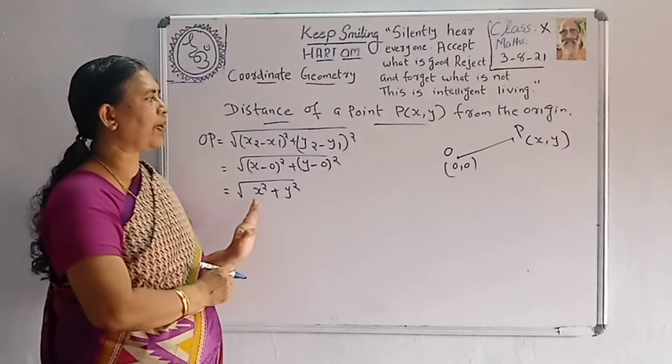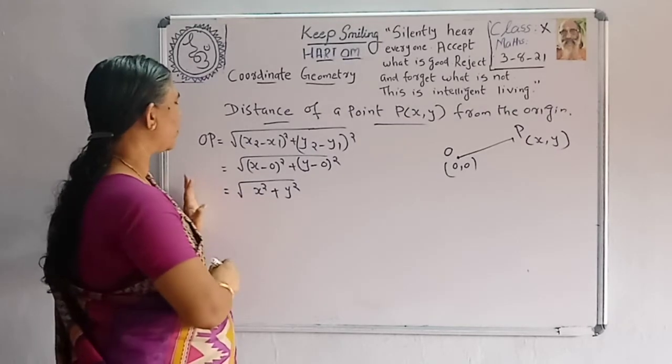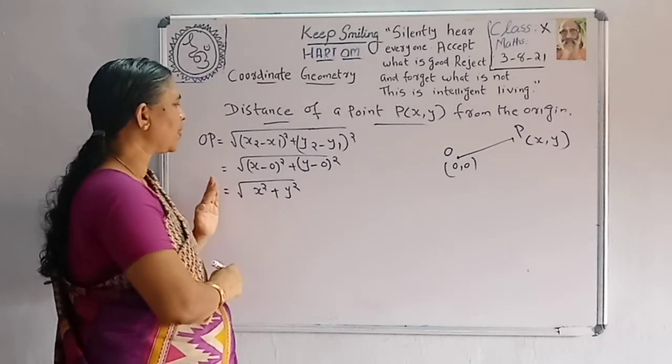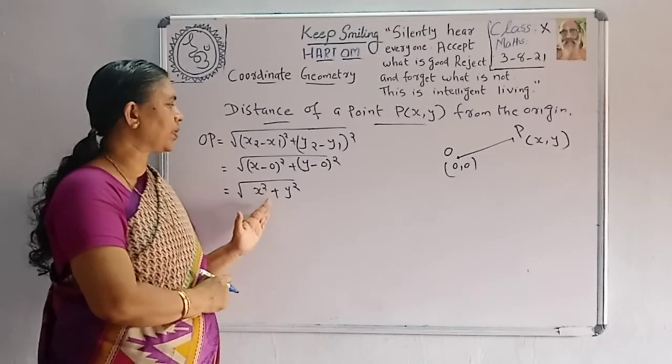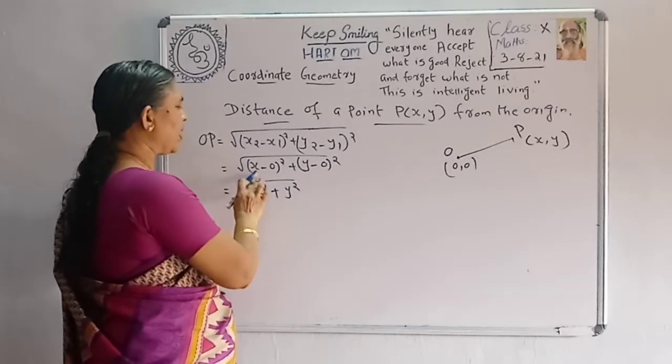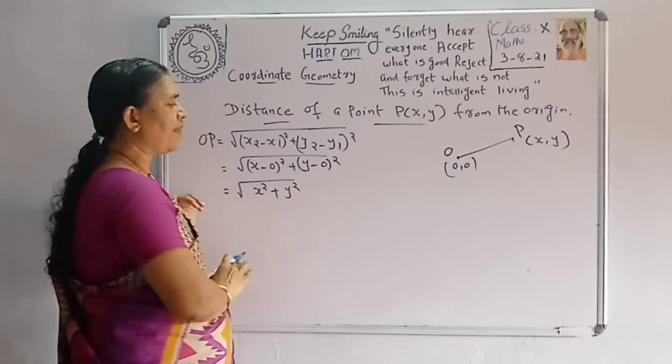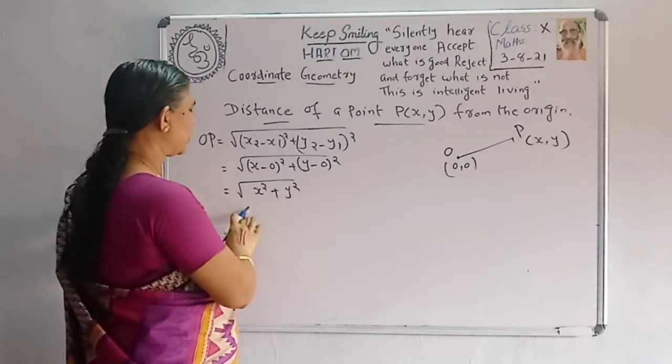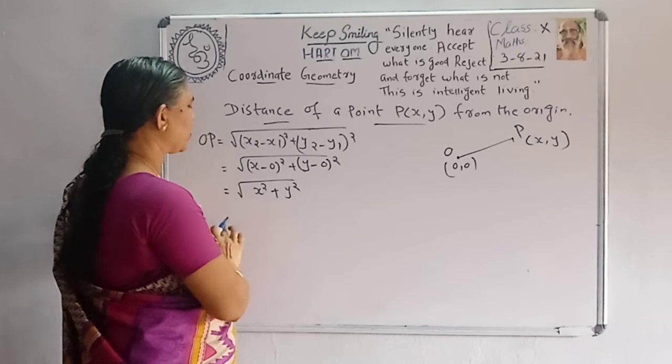So the distance of a point P(x, y) from the origin, OP, is equal to square root of x2 minus x1 the whole square plus y2 minus y1 the whole square, which is equal to square root of x minus 0 the whole square plus y minus 0 the whole square. That is equal to square root of x square plus y square.